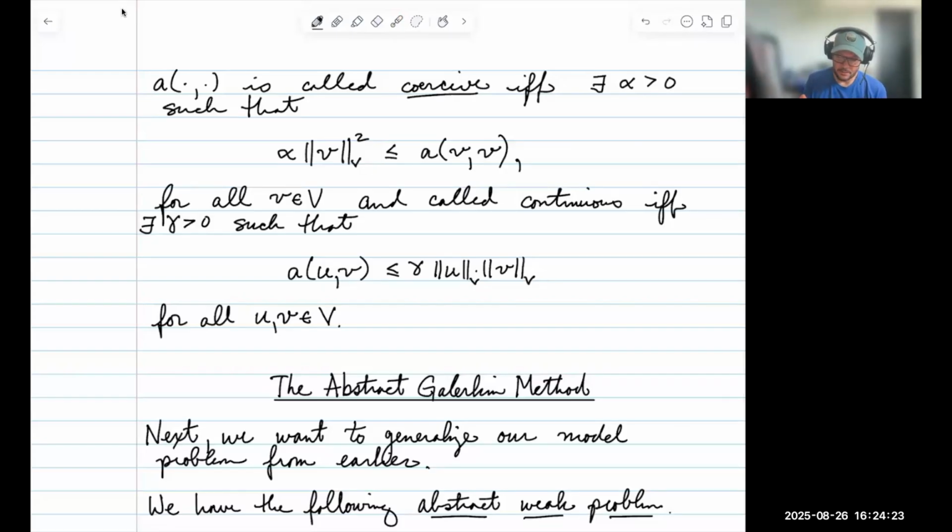So the coercive is the lower bound part. Now I need some sort of upper bound part, and that is where the concept of continuity comes in.